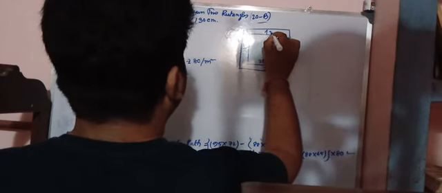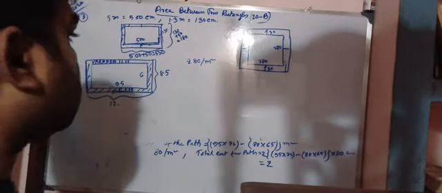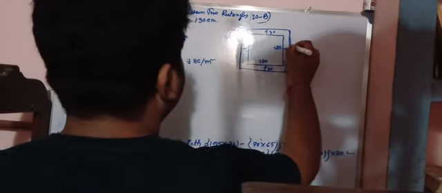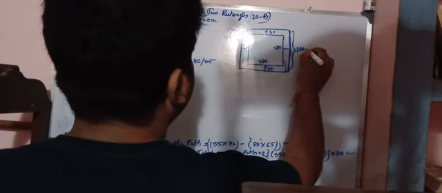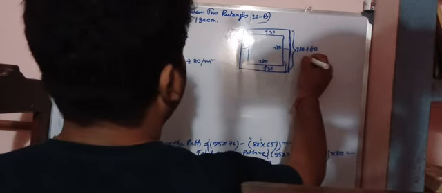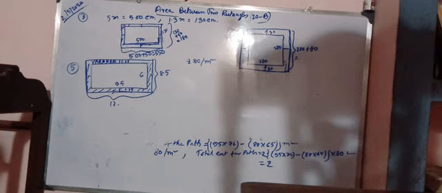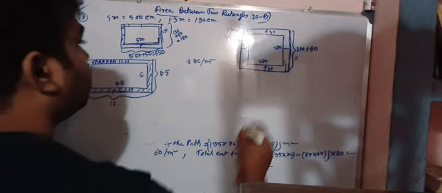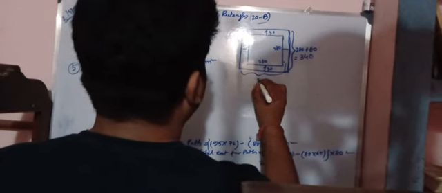So my new side, that is the bigger side, is 280 plus 30 into 2, means 60. Okay. So my bigger side should be 340. That is also 340.